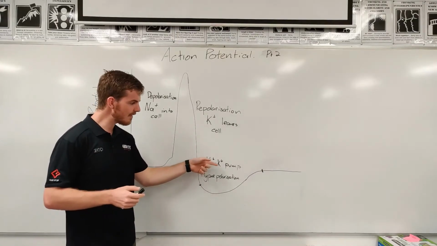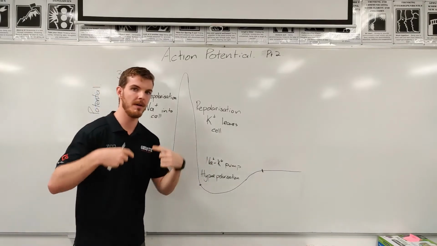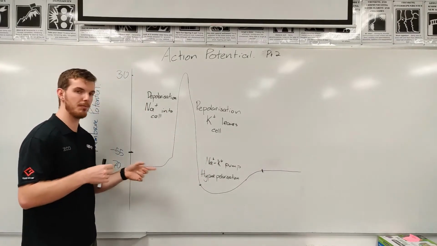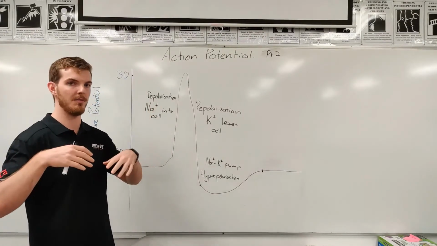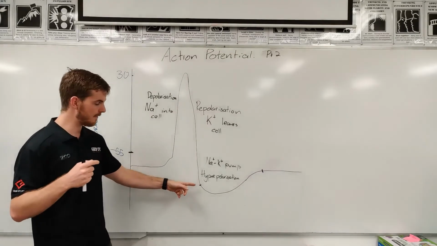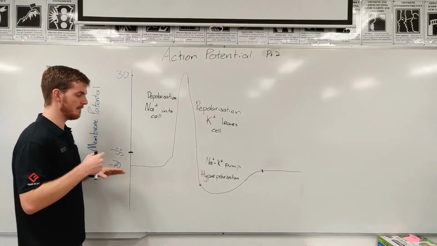Anyway, what this pump does is it pumps the sodium out and the potassium back in, reaching back to this initial point where we have all sodium outside, all potassium inside. As a result, it dips below that -70 millivolts.